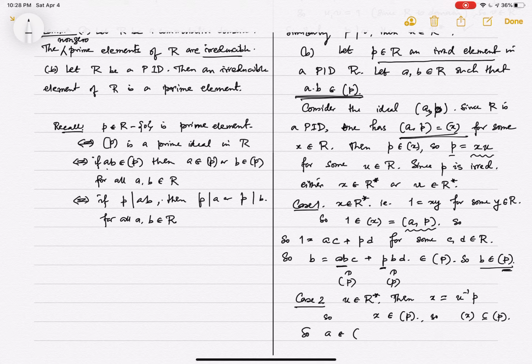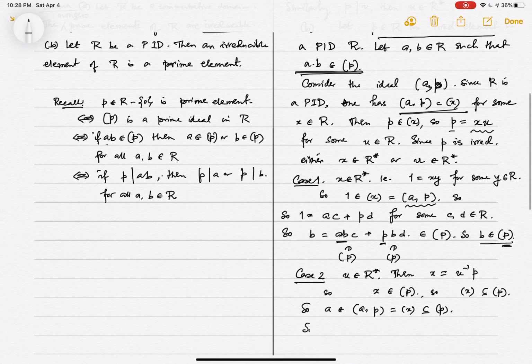A is certainly in the ideal generated by A and P, which is (X), which is now in the ideal generated by P. So A is in the ideal generated by P.